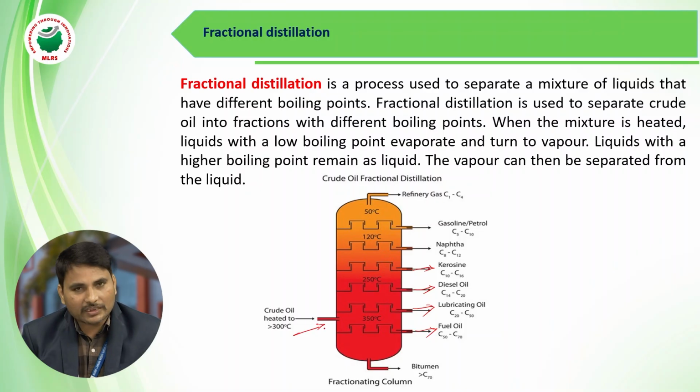Through this inlet we insert our pre-treated crude oil, and in this chamber we maintain about 300 degrees centigrade. When we apply this much heat at the bottom of the cylinder, the petroleum converts into vapors, which try to escape from the cylinder.